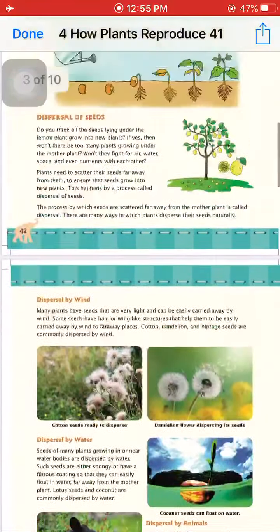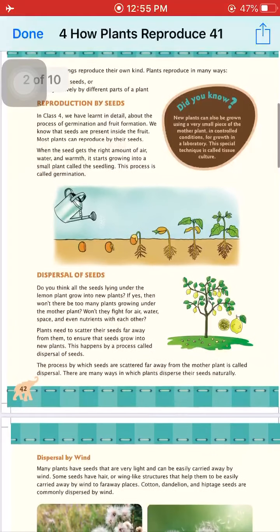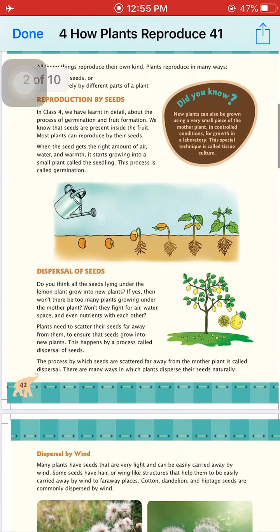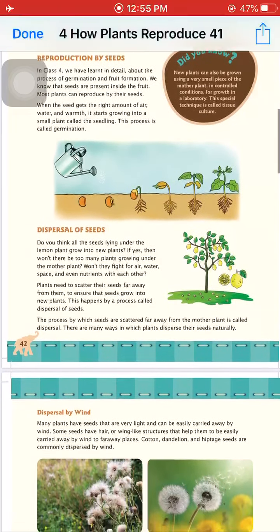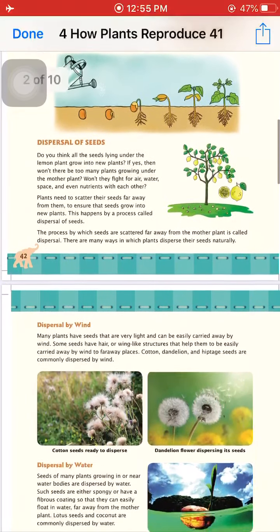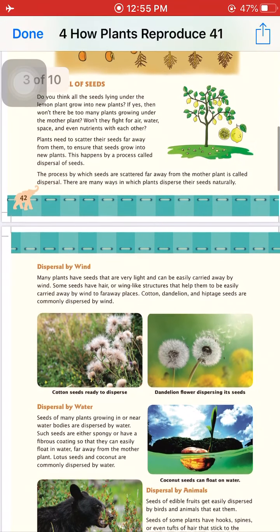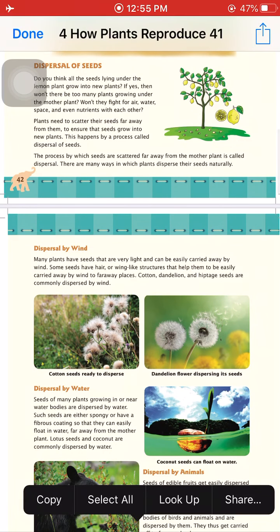Now we recall the chapter. First we talk about reproduction by seeds. Reproduction by seeds takes place through germination if we give a proper amount of air, water and warmth to the seed. Next are the different ways of dispersal of seeds: wind, water, animals and explosive mechanism.